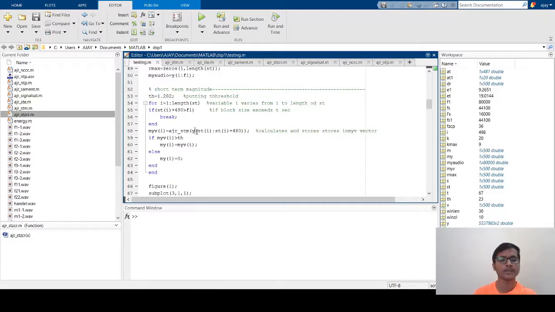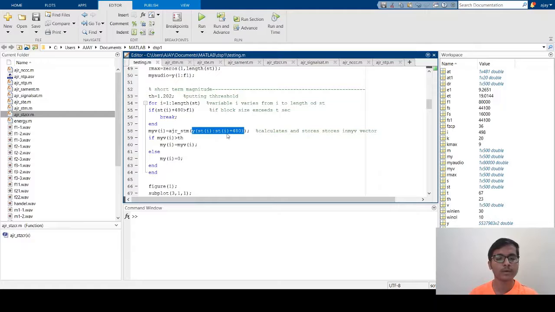Here this represents the block of y. Suppose I equal to 1. ST of I to ST of I plus 480. So here 480 represents the number of samples for 30 milliseconds. Our window is also 30 milliseconds. So here we are getting one block of samples.